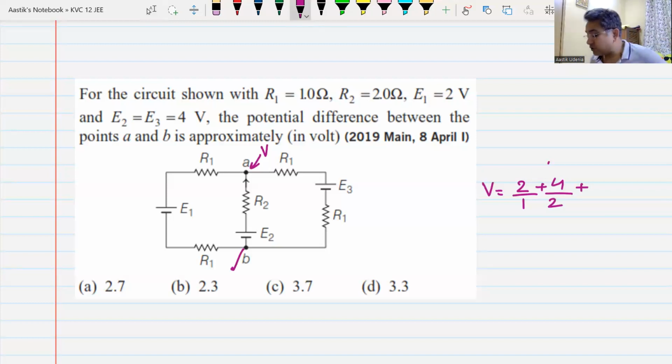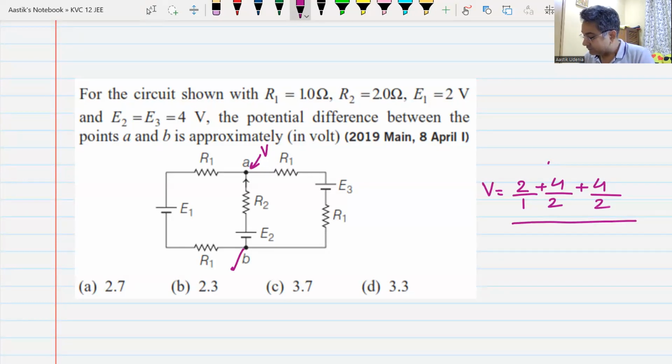Now you have two resistances in the third branch. Don't worry, you can replace these two resistances by one resistance because the current is going to be the same in both resistances. So E3 will be 4 divided by R1 plus R1, which will be 2. Do we understand this?